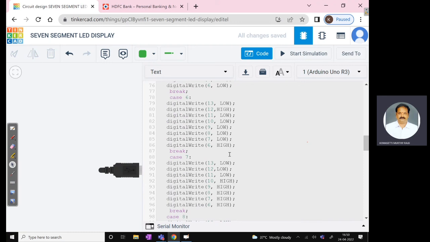All our DP points are assigned to low value.